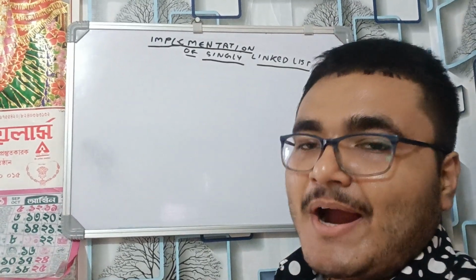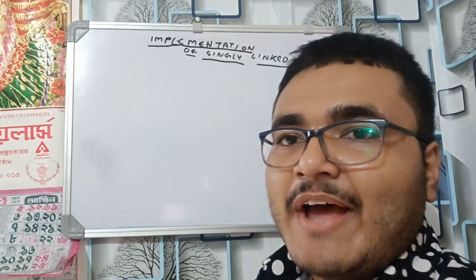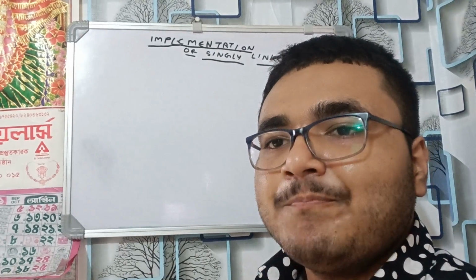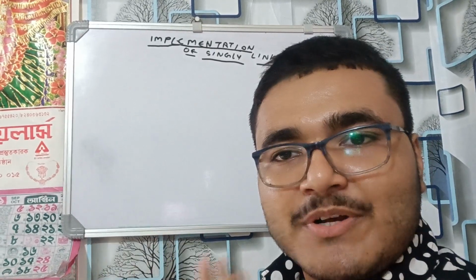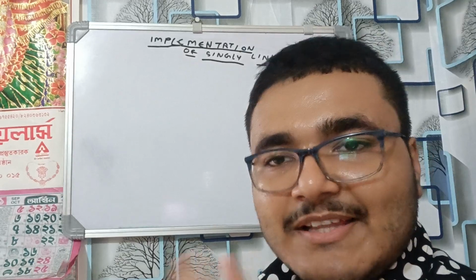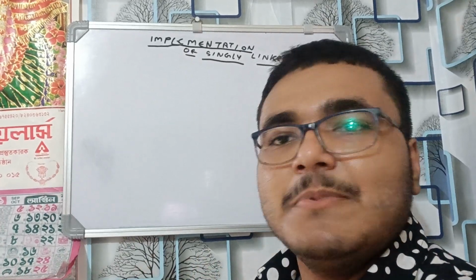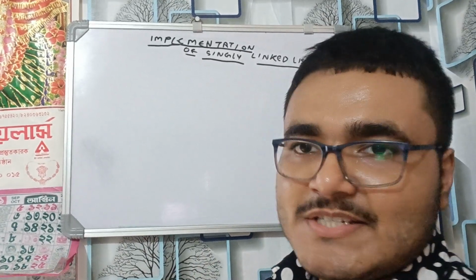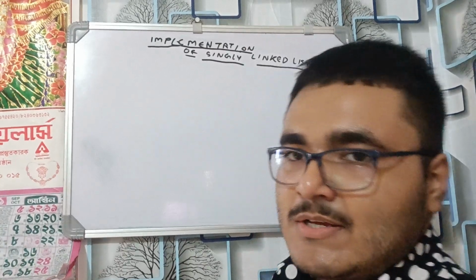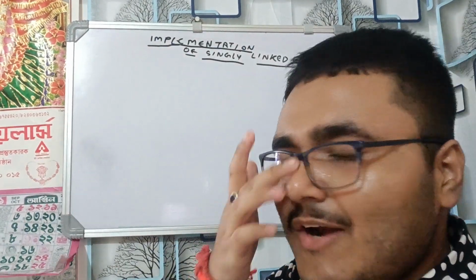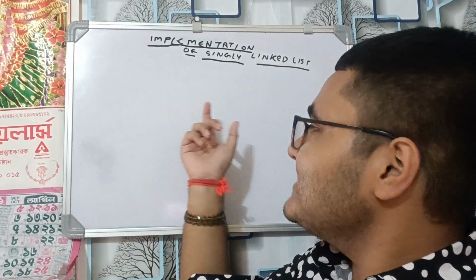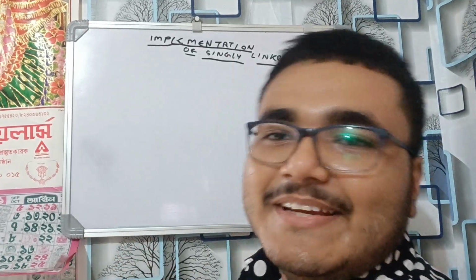Part 2. In part 1 I have already discussed the four types of linked list: singly linked list, doubly linked list, singly circular linked list and doubly circular linked list. So in this video we are going to first discuss the implementation of the singly linked list, the easiest one.